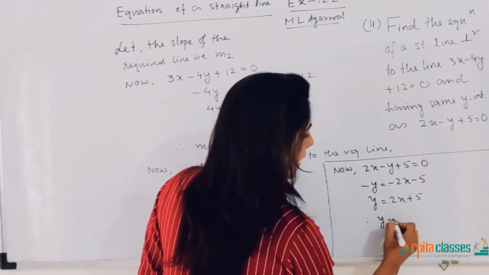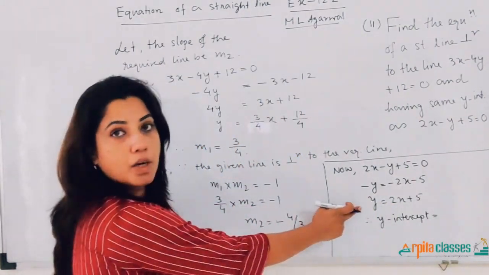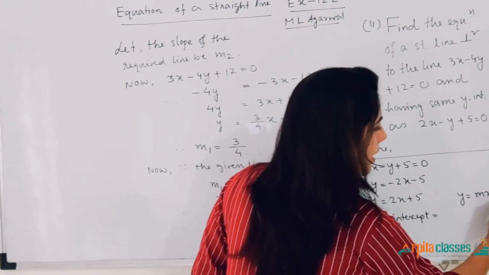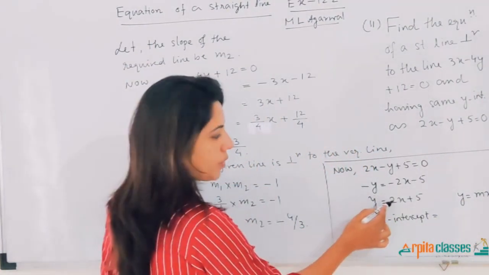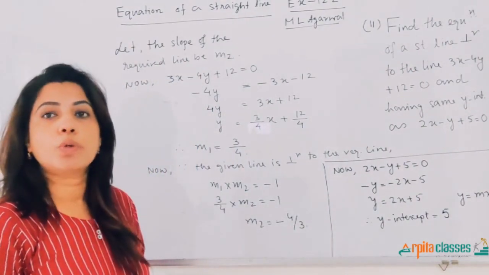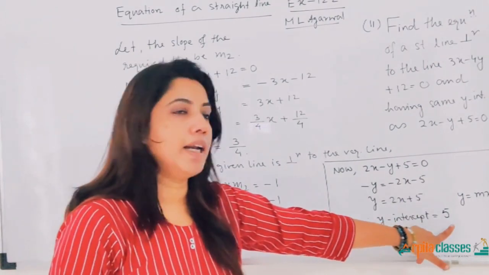Therefore, if you compare this with the general equation y is equal to mx plus c, that means the y-intercept is 5. So the required line has slope minus 4 upon 3 and the y-intercept is 5.